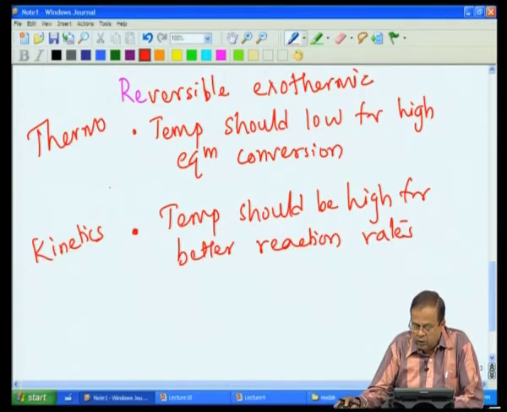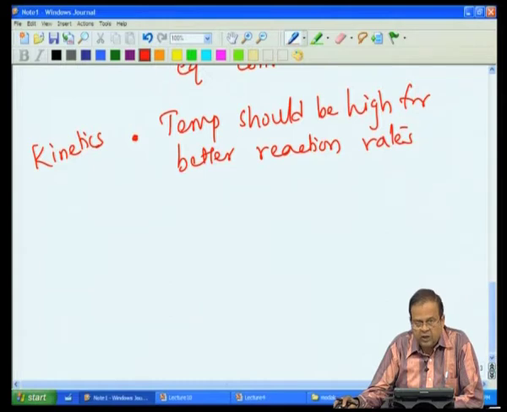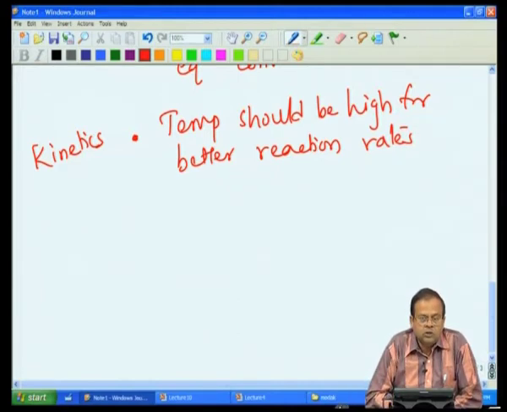So, how do we try to strike this balance? We try to strike this balance by saying that ideally in the beginning of the reaction, thermodynamics is far from my mind, because we are far away from equilibrium. So, why bother about thermodynamics?